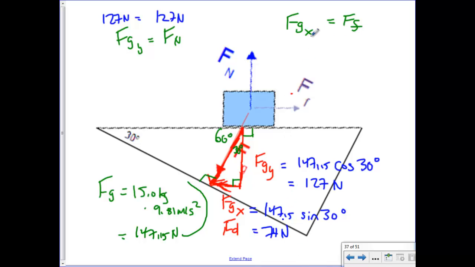So what this means then is that the FGX was 74 newtons. Therefore, the force of friction must also have been 74 newtons. That is what we were looking for: how much friction there must be to keep this box in place.